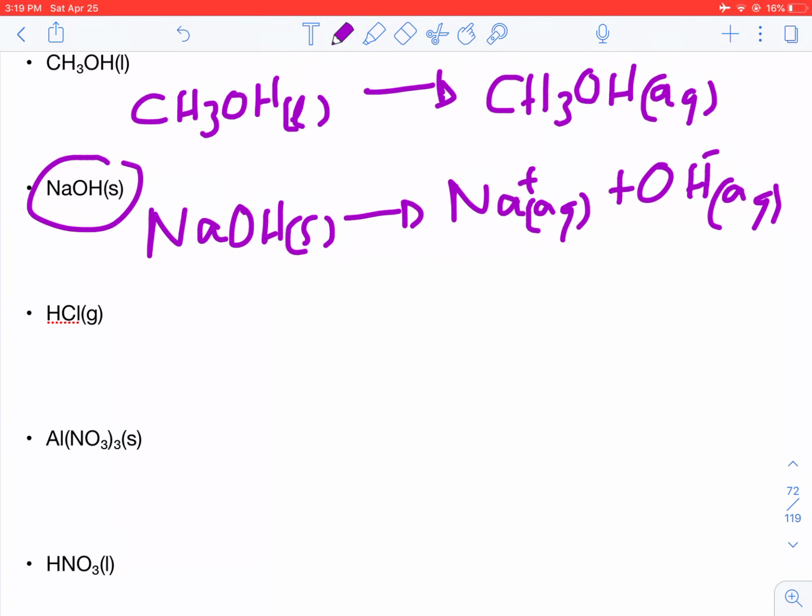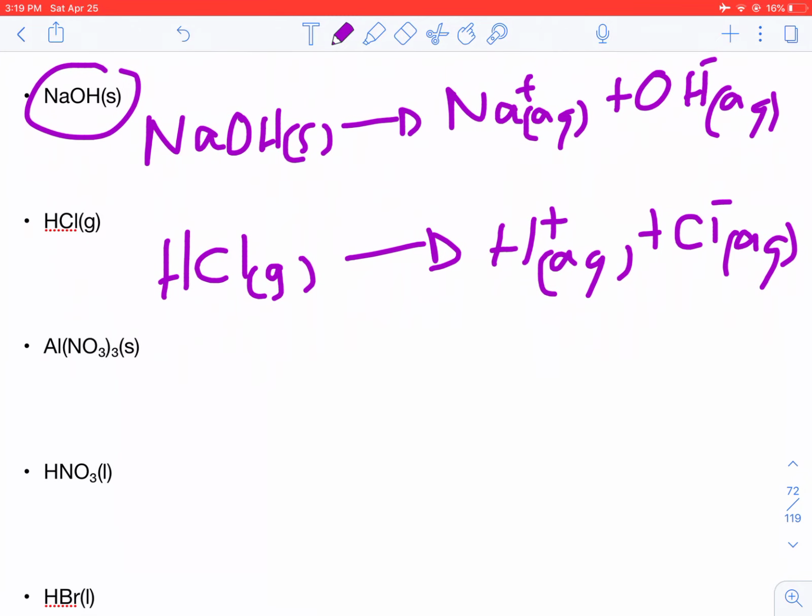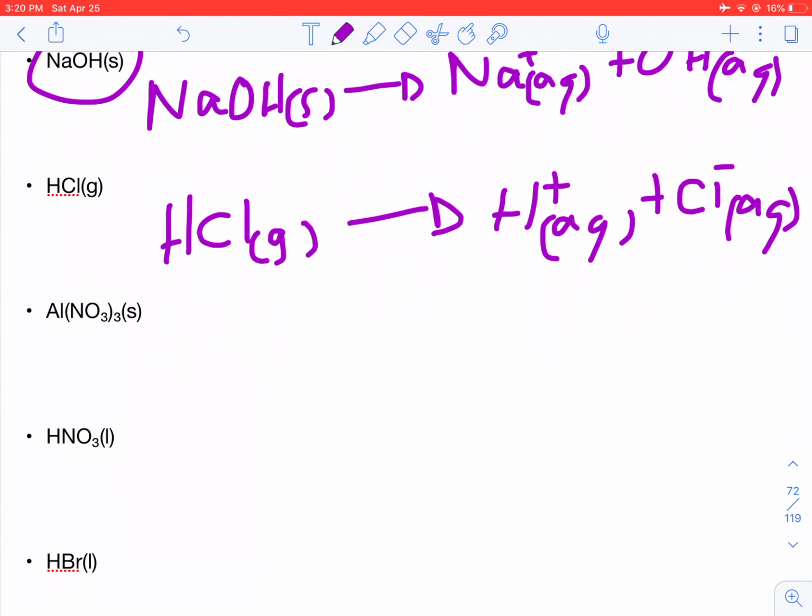And if we look at HCl, the gas, and if it dissolves in water, I said we'll use this, and we say Cl minus in aqueous solution. Remember I said H plus exists as a hydronium ion in water, but that's not for us at this grade.